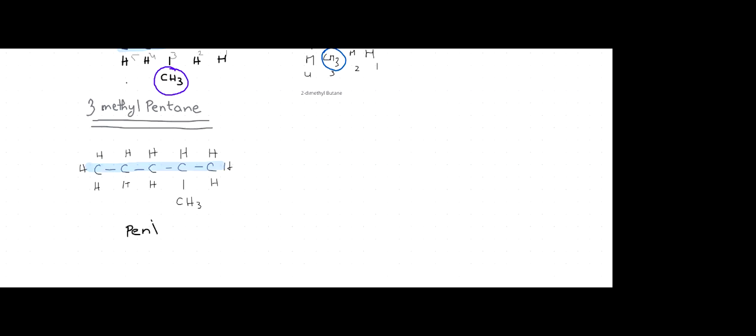Then we have to decide the functional group. So what functional group is this? Is it pentane? Yes, pentane, you are right. Good job. Now, identify the side chain. What side chain is this? Methyl? Methyl, absolutely correct.